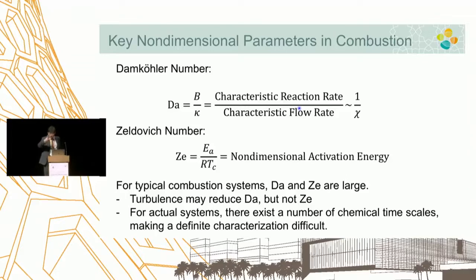Or you can invert that, and talk about characteristic flow time over characteristic reaction time. So a large Damkohler number means you have more intense chemical reaction compared to the flow rate, and vice versa. The other important parameter is the Zeldovich number, which is essentially a non-dimensional activation energy. There are slight variations in the definition, but the meaning should be clear.